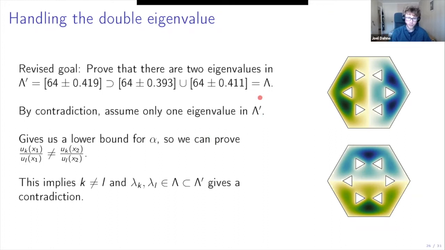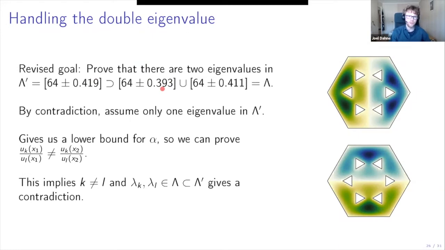If there's only one eigenvalue in lambda prime, then we get the lower bound for alpha, because for example for this eigenfunction, if there's only one eigenvalue in here, it must be the one which is in here. Then we know that the distance to the closest other eigenvalue is at least the difference between these two radii.